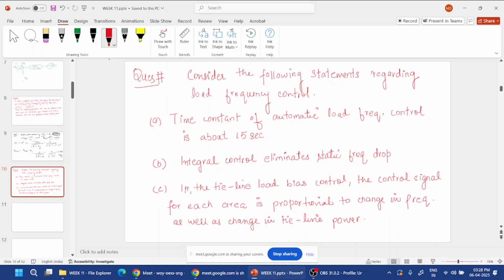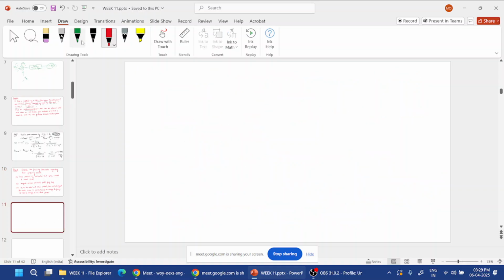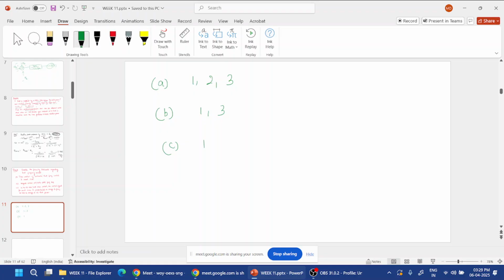So basically, we have to give the correct answer. There are various options because multiple options are correct. A: 1, 2, 3. B: 1 and 3. C: 1 and 2, and D: 2 and 3.